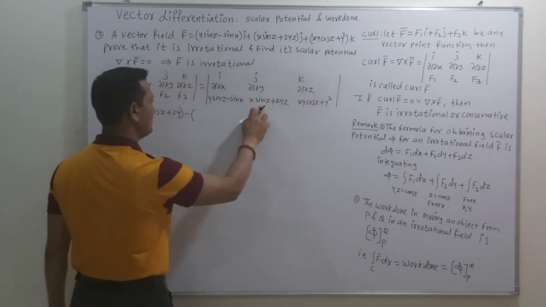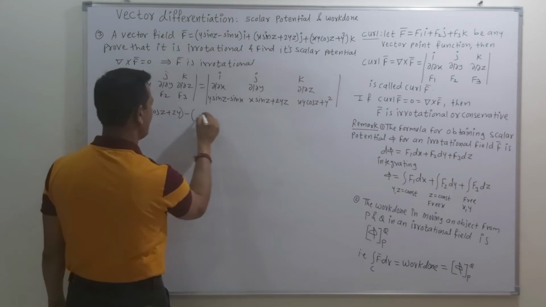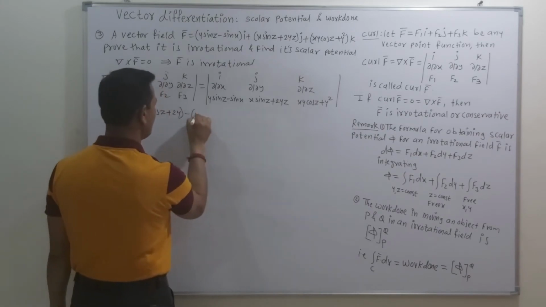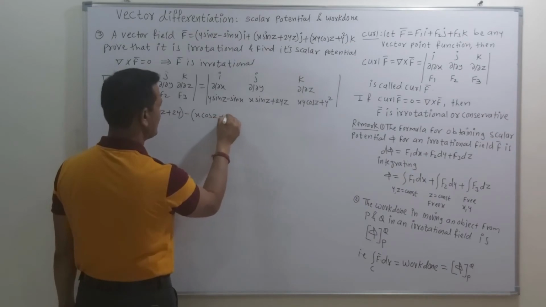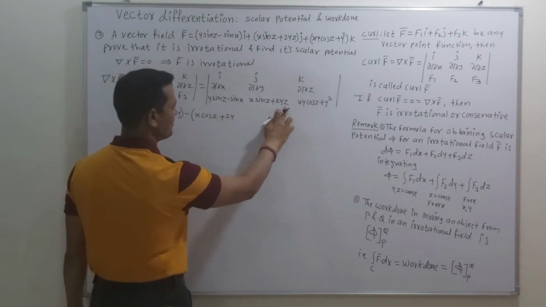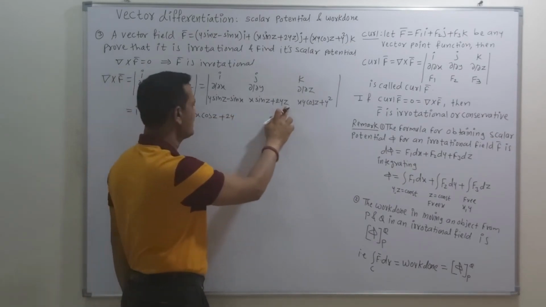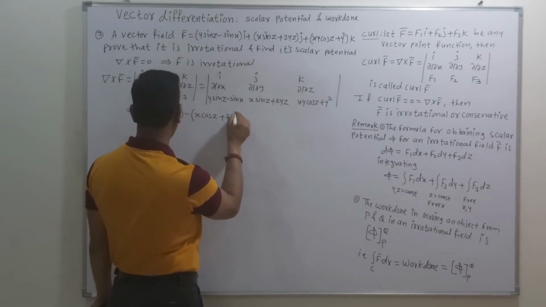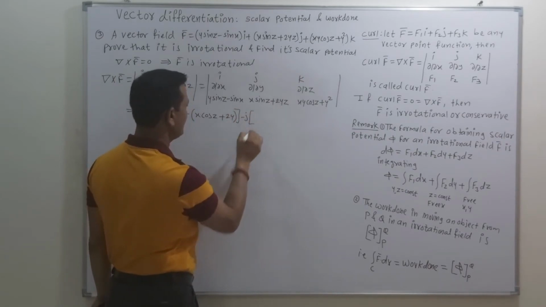So here the derivative of sin is cos, so we can write this as x cos of z plus 2y, because the derivative of z with respect to z is 1. So this is the first term. Then minus j.